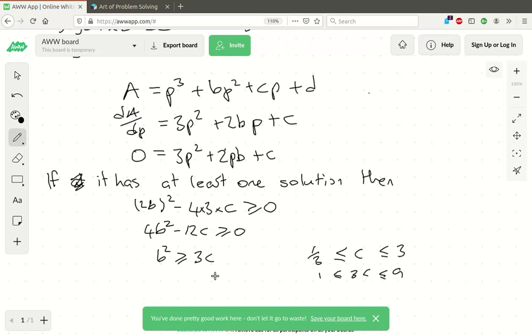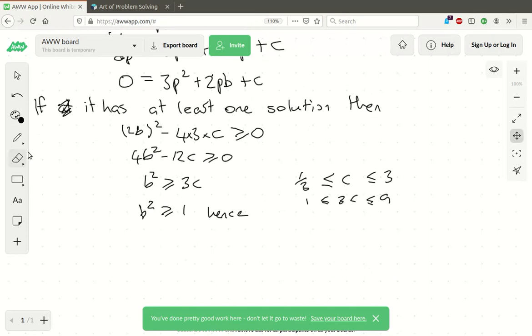Yeah. Now, if this number is trapped between 1 and 9, and b squared's definitely bigger than this number, or equal to it, then b squared is greater than or equal to 1, and hence either b is less than or equal to minus 1, or b is greater than or equal to 1.